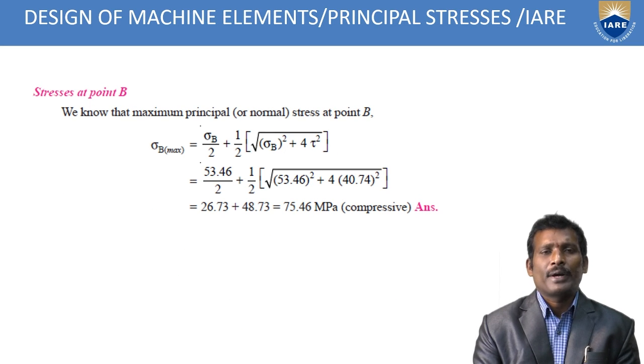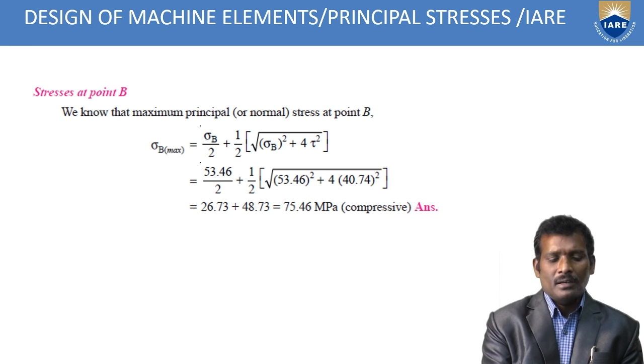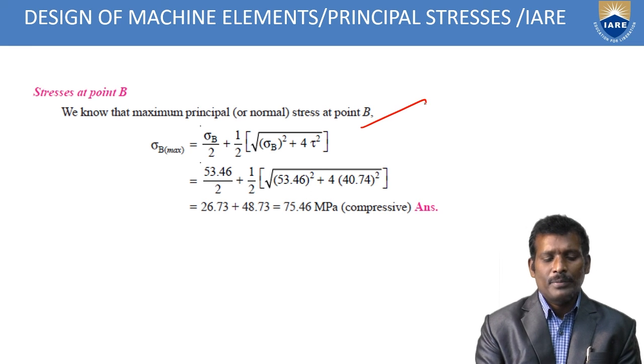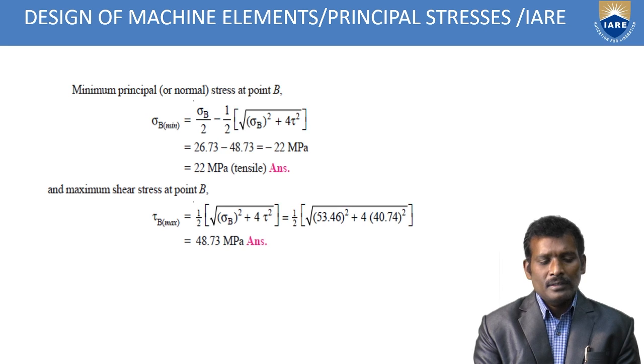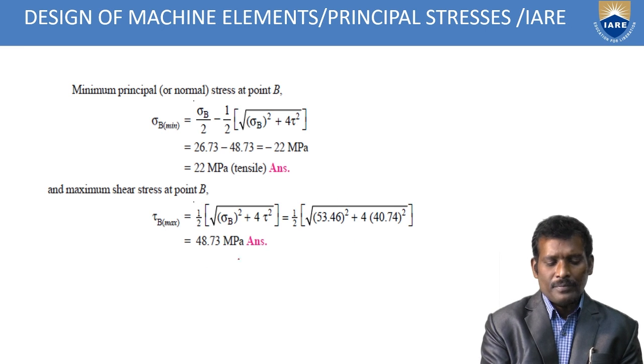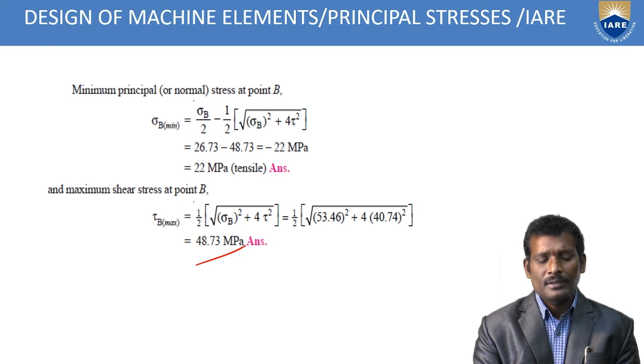Similarly, at point B, calculate the maximum principal stress at point B. Clear? And you will get 75.46 megapascal. And the minimum principal stress at point B, and the maximum shear stress at point B. You will get 48.73 megapascal.